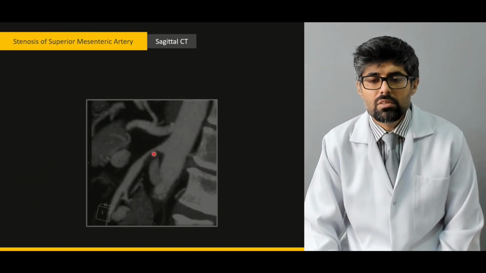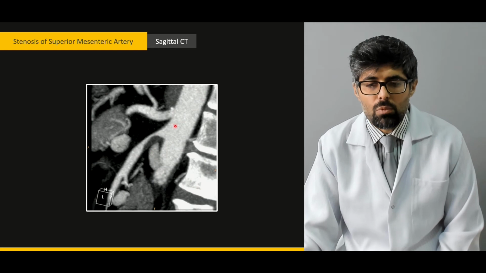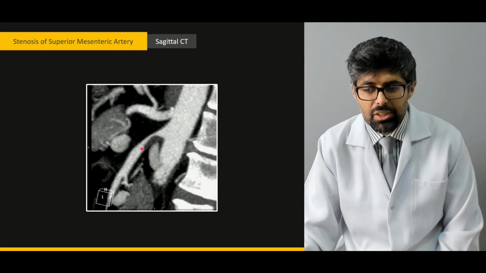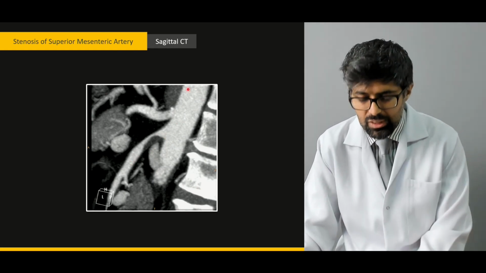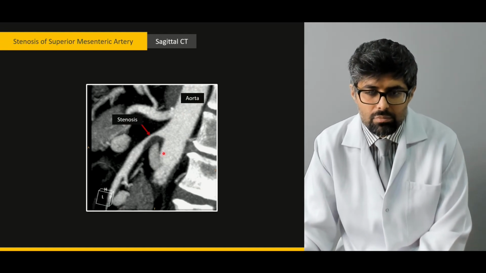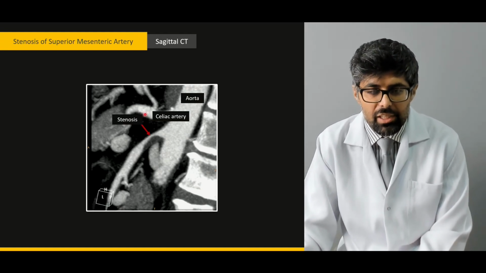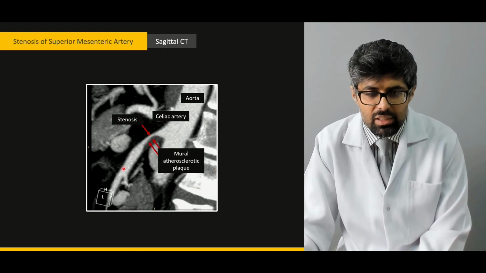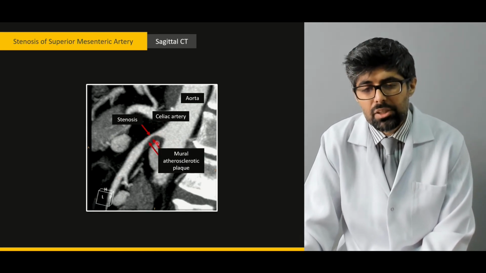Next, I have an angiogram of the superior mesenteric artery. Now, this is the aorta. This is the celiac artery, and this is the superior mesenteric artery.